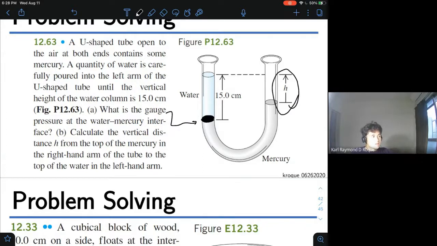Density of mercury is 13.6. Ito, 1,000. Okay. Ngayon, check natin.